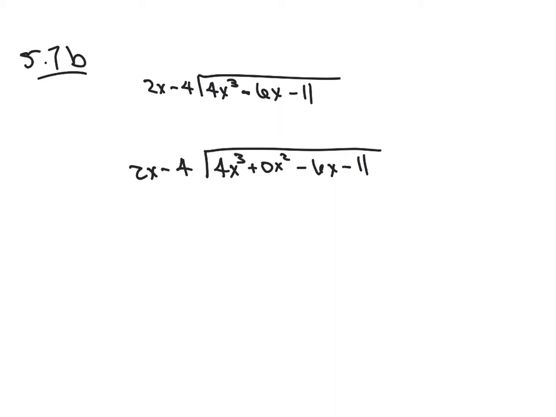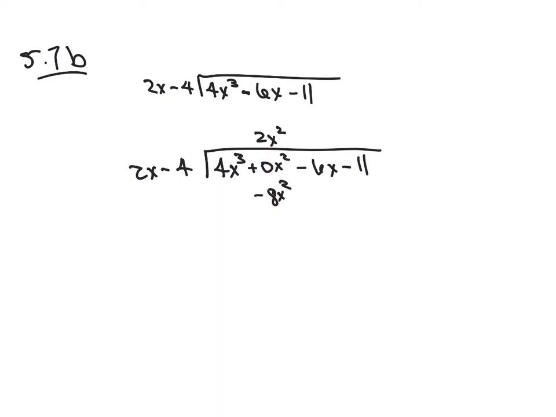All right, now we follow the same rules. We figure out 2x goes into 4x cubed, and this time it goes into it 2x squared. Okay, again, I put the 2x squared in line with this x squared. Now I multiply 2x squared times negative 4, which gives me a negative 8x squared, so I put it in line with all my x squares.